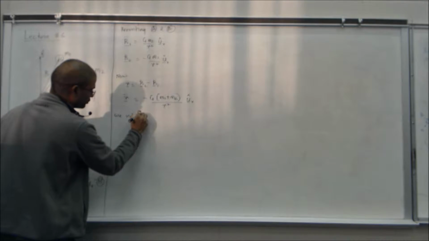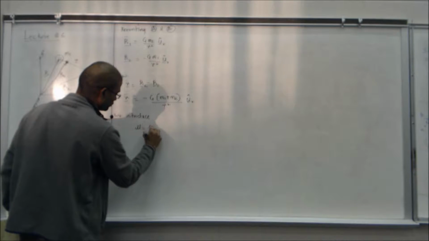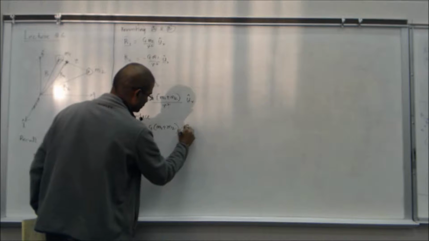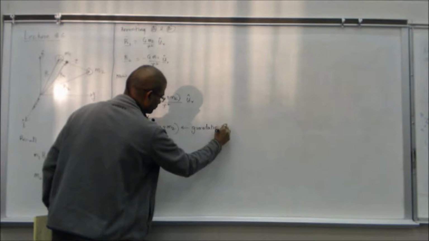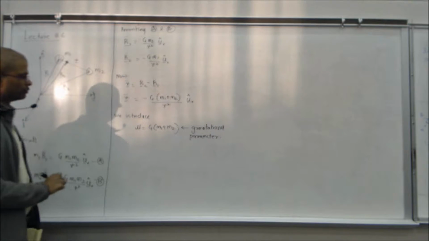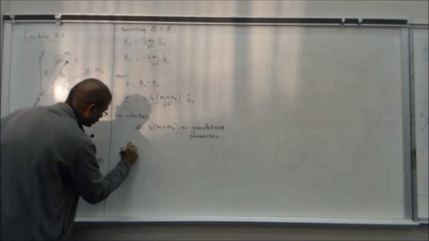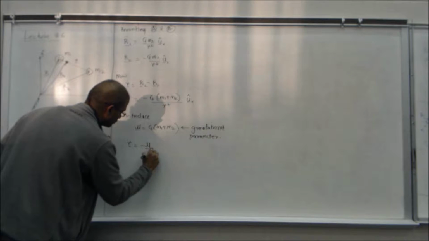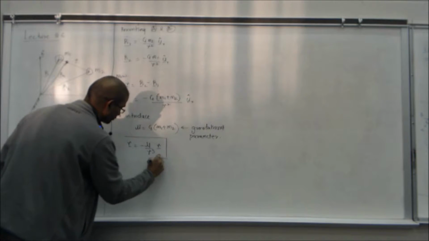Here we introduce mu as G times m1 plus m2, which is the gravitational parameter. Okay, so your R double dot becomes minus mu over R cubed times R. Does this make sense?